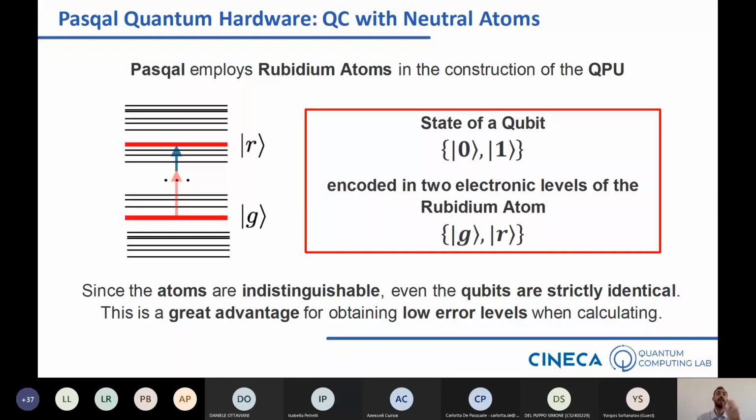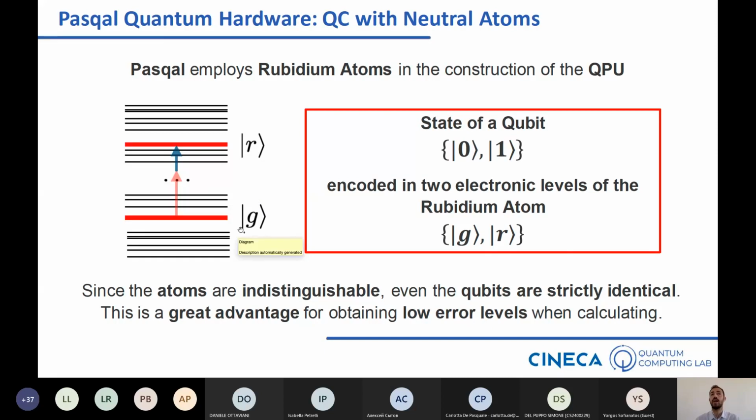So how do they construct their QPU? They use these rubidium atoms. The basis for the state of a qubit is 0, 1, and the 0 and 1 states are encoded into two electronic levels of the rubidium atom, which we're going to call G and R. As you can see on the left, the rubidium atom has many electronic levels, and they're able to choose from the beginning exactly two levels.